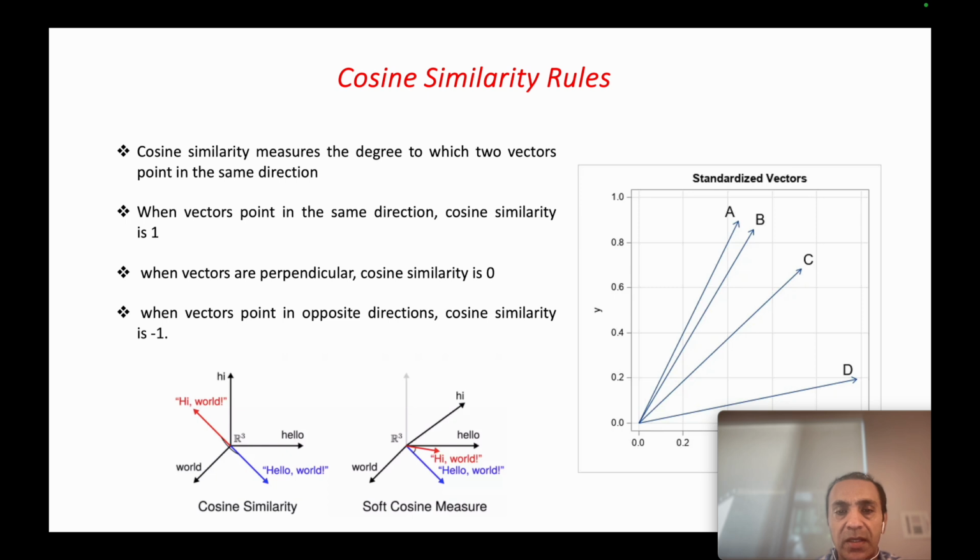As you can see in the graph in the bottom part of this slide, and the chart on the right side, there are several vectors A, B, C, and D, and we calculate the angles between them to eventually find the cosine similarity, and then find how similar they are using these rules.